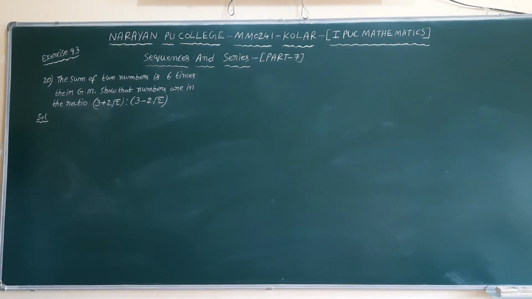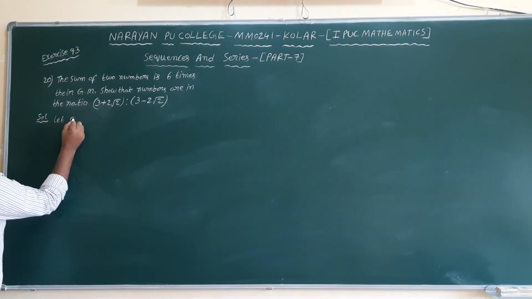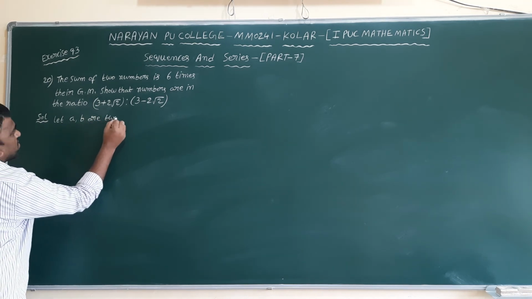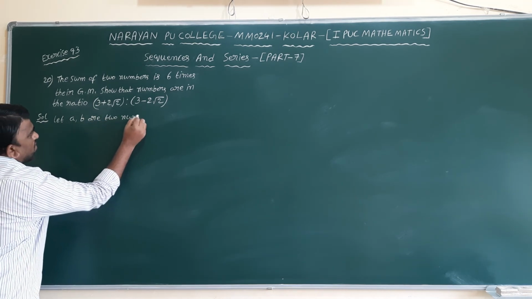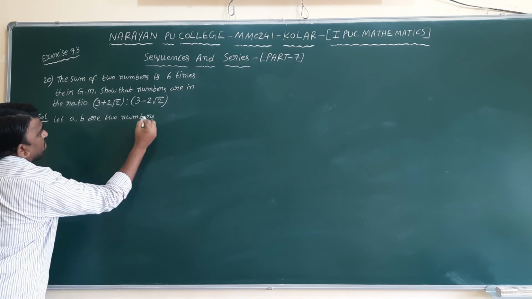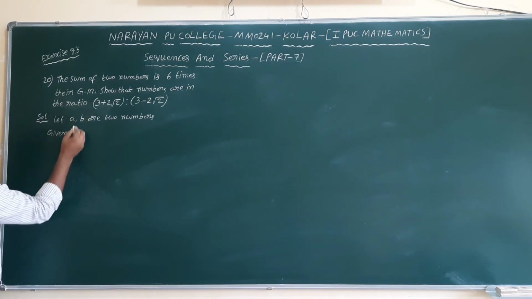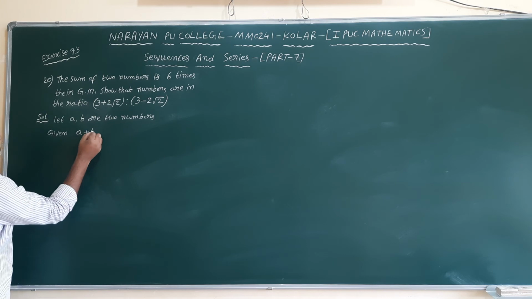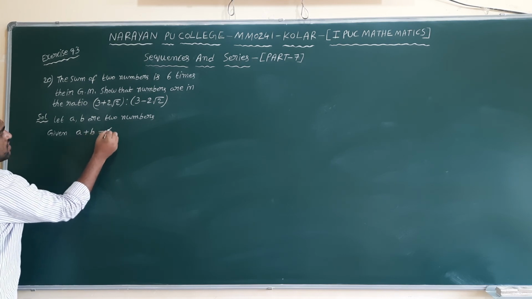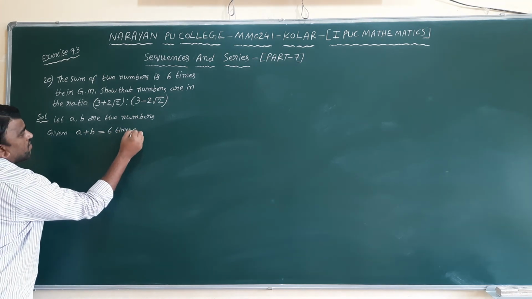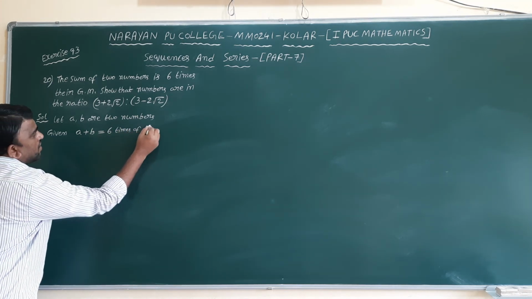So we don't know the two numbers. Let us take a comma b are two numbers. Given the sum of two numbers, a plus b, is equal to 6 times their geometric mean.